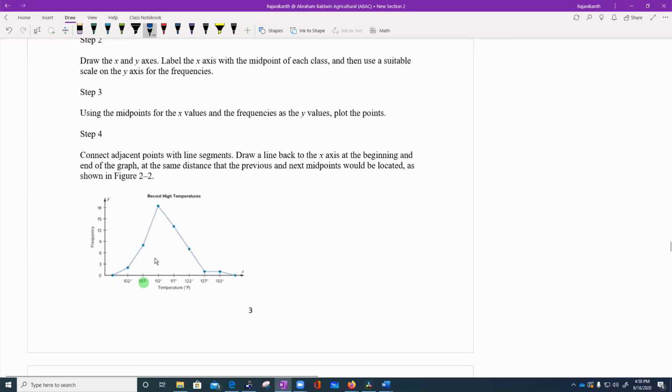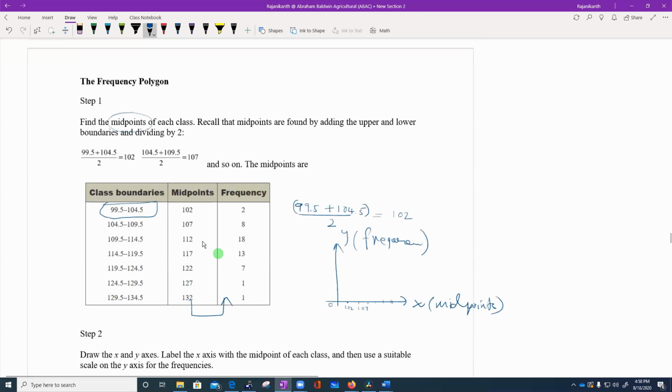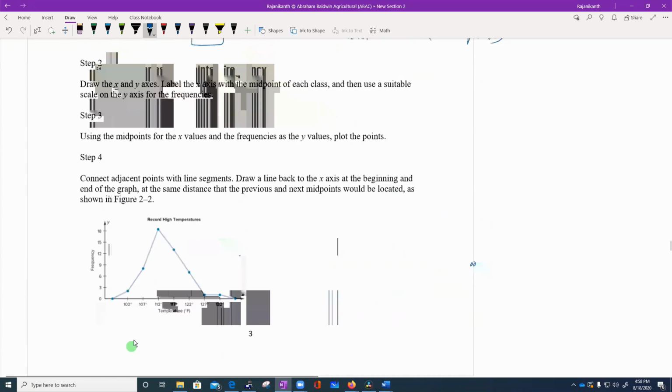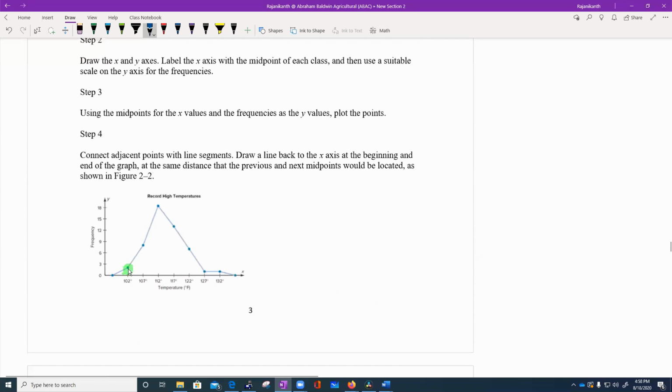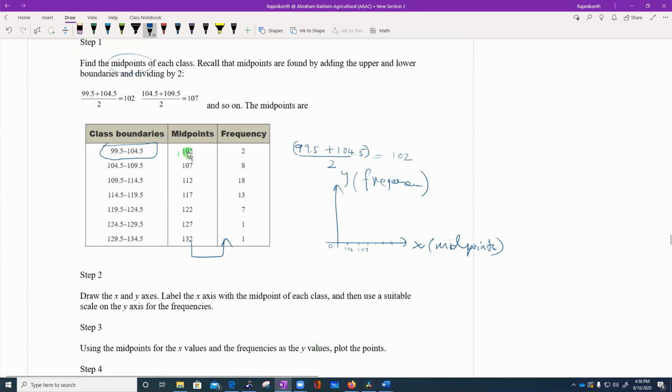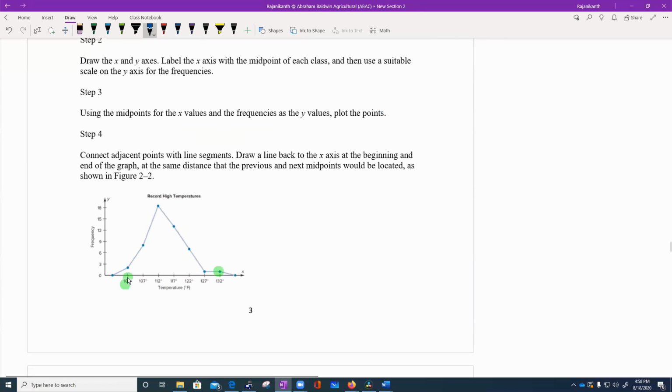Okay, so I think I explained it. Yes. So 0 is here. Okay, 102 is here. So first start with 102. So my midpoint 102 will give you frequency 2. So 102 and 2. 2 will be somewhere here, no?